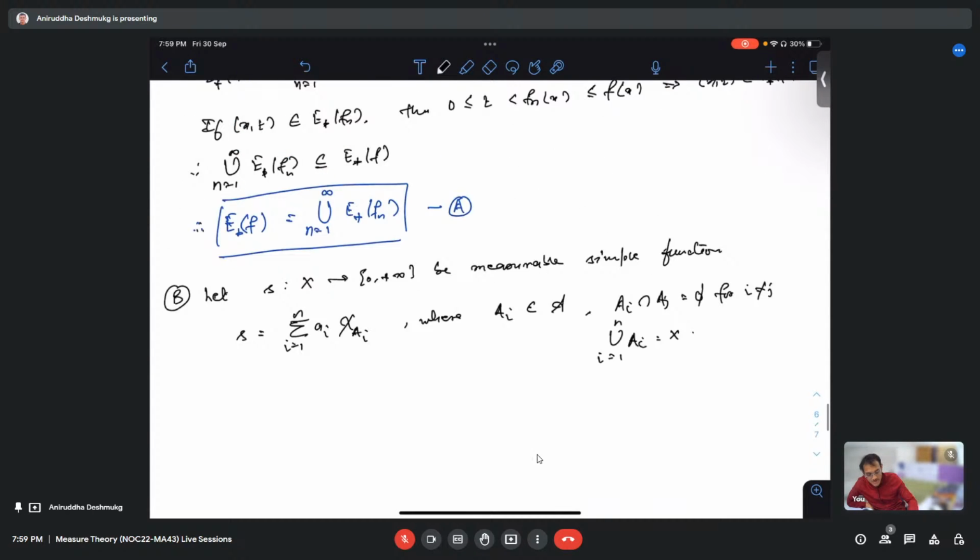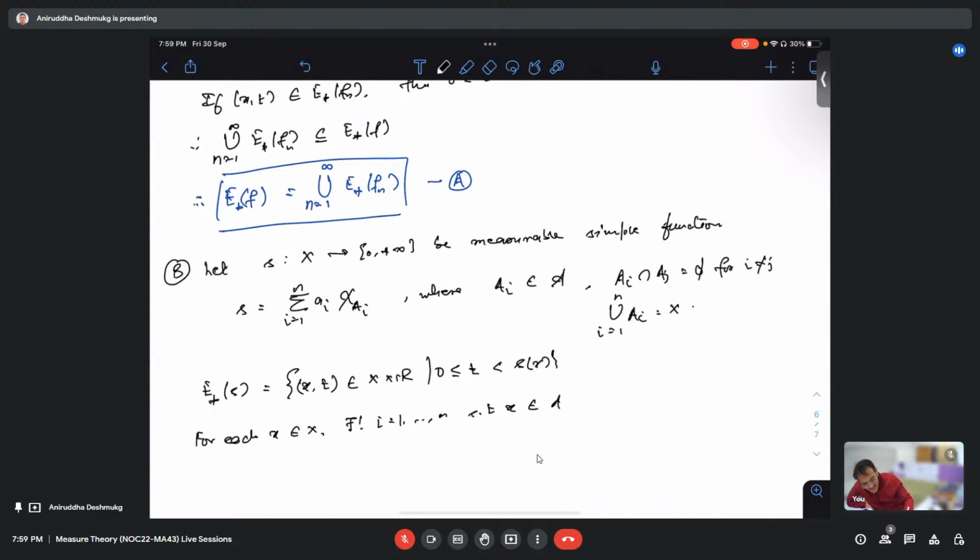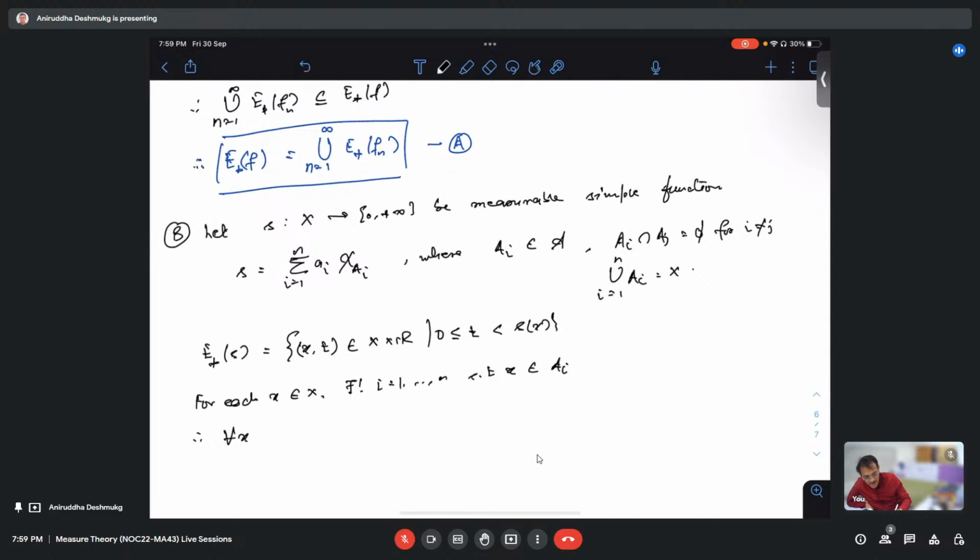Okay. So what can we say about E lower star S? E lower star S is all those (x, t) in X cross R such that 0 is less than or equal to t is strictly less than S of x. But for every x, there is a unique i between 1 and n such that x is inside A_i. Therefore, for every x, there is a unique i between 1 and n such that 0 is less than or equal to t is less than small a_i.